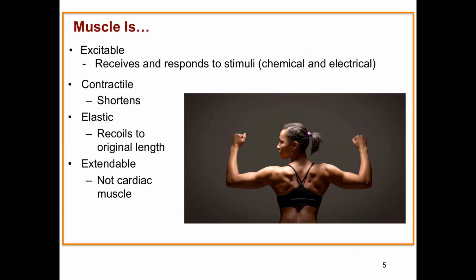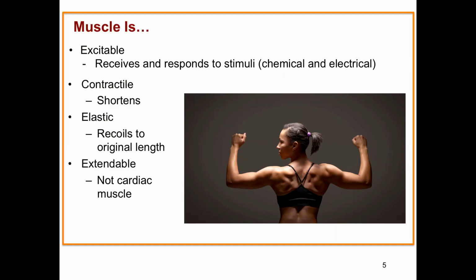So muscle is going to respond to stimuli, electrical stimuli from the nerves, or electrochemical stimuli from neurons. And as such, we're going to learn how it does that. And then you're going to learn how the neurons do that as well in this course, all right?